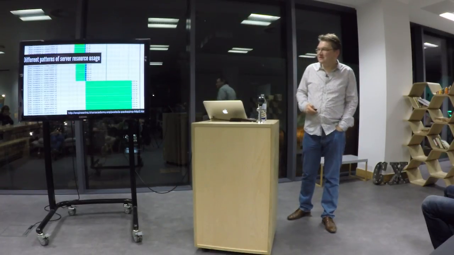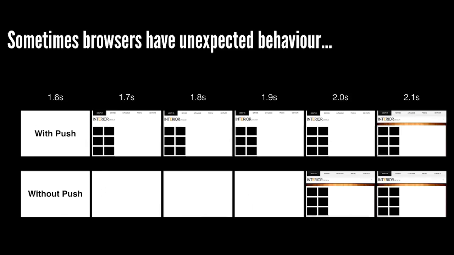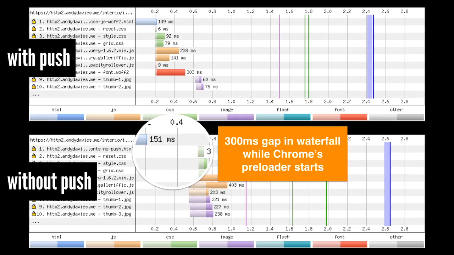I did some tests with server push, and this isn't Chrome. And look, isn't this great? With server push, my page loaded 0.3 of a second faster until I tested it in Firefox, and there was no difference. And the challenge here is actually a bug, a delay in Chrome while it starts the preloader.